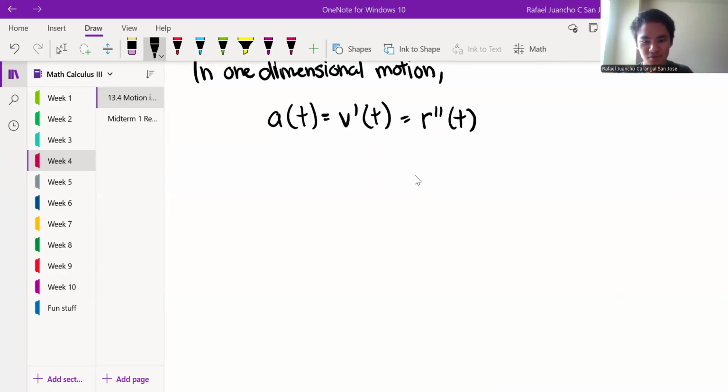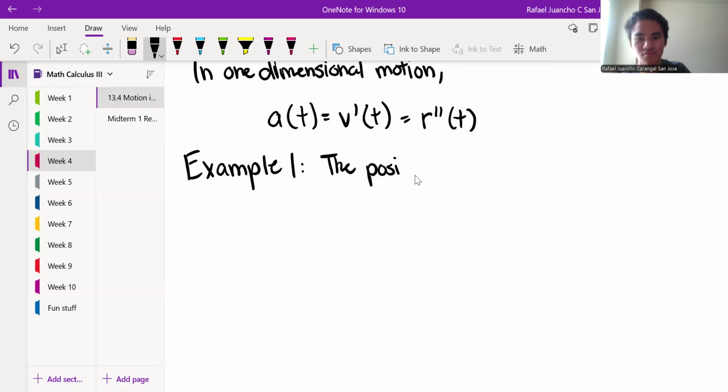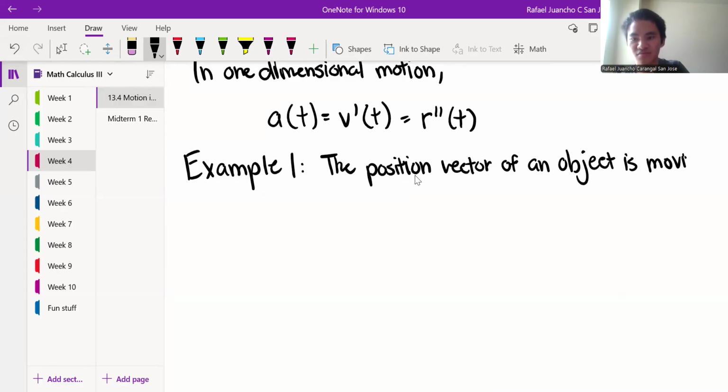Okay, let's do an example because I don't want to get bogged down by theory. So example one. We say that the position vector of an object, and let's say it's moving in a plane.